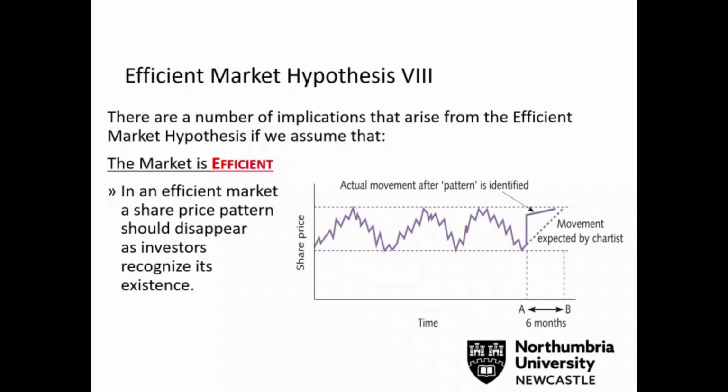If everyone can see a pattern, then everyone will react to this and then do something different, therefore a pattern would eventually disappear. For instance, in this graph, if you've seen a pattern and you thought, well, actually, the share price following the pattern should go up, therefore everybody would see the share price is going to go up, they'd all invest, therefore the price would go up, but much quicker than the previous pattern.